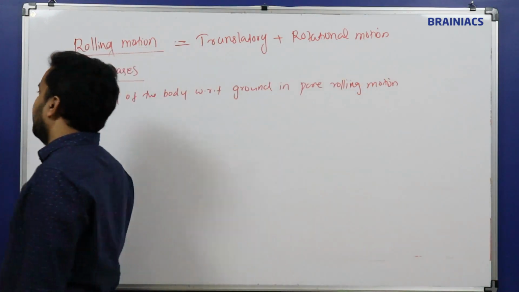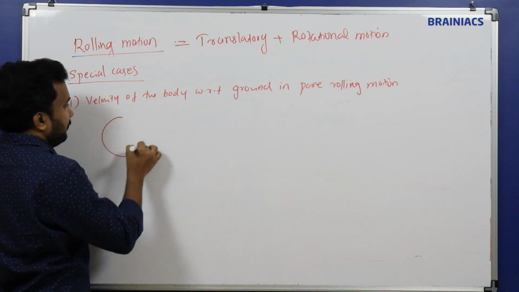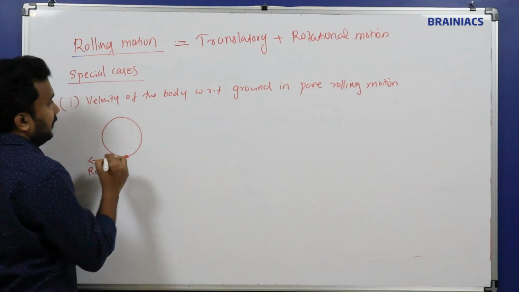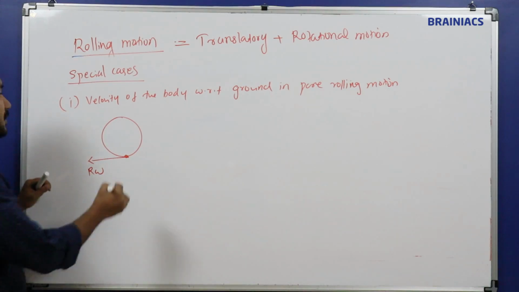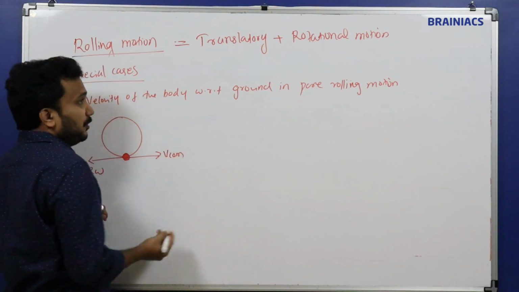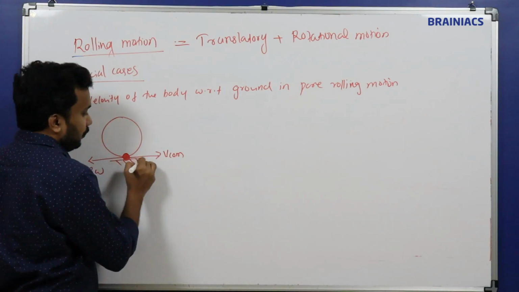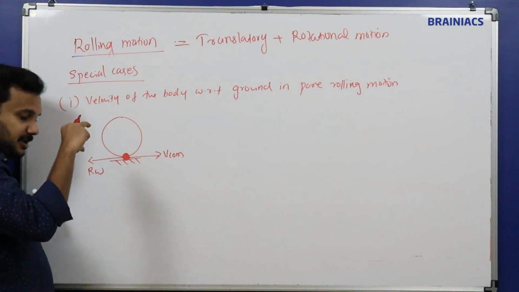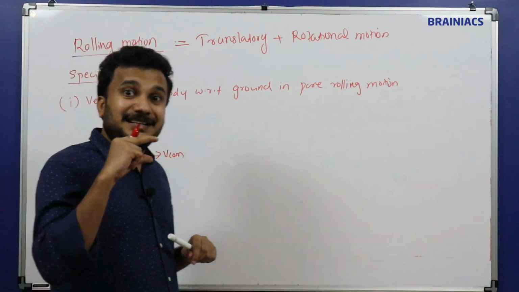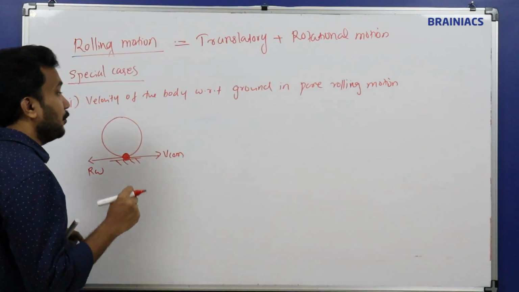What this indicates is that, listen very clearly, suppose this is a body which has a vcom, in pure rolling motion, the velocity with respect to ground, at the point touching the ground, should be 0. There should be no velocity there to have a rolling motion.